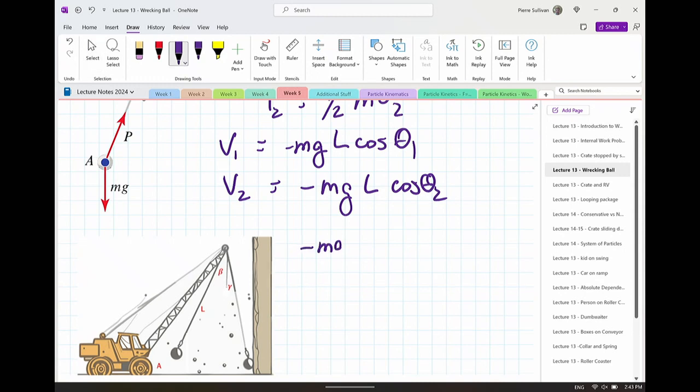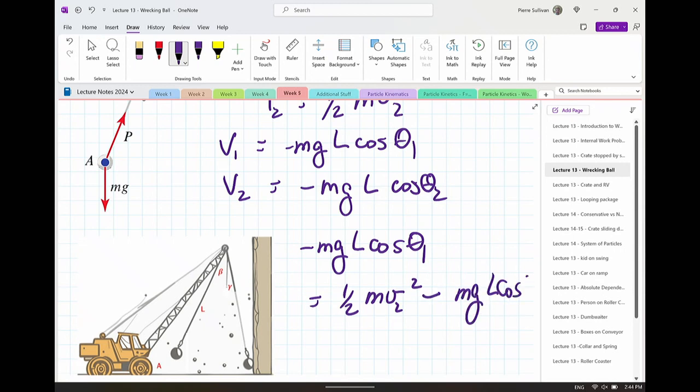So minus mgl cos theta 1 equals 1/2 mv2 squared minus mgl cos theta 2.